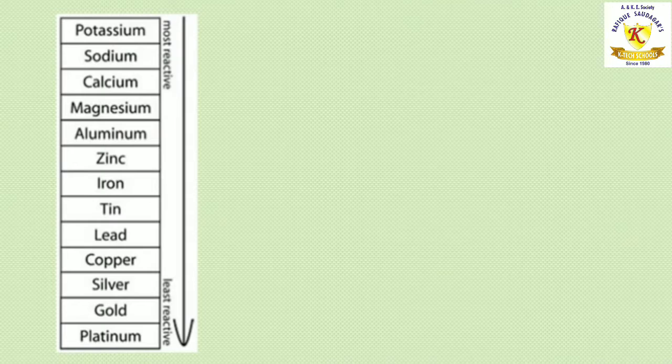So it states that metals like sodium and potassium are most reactive with oxygen, while silver, gold and platinum are less reactive with oxygen. So when these metals react with oxygen, they form their oxides.